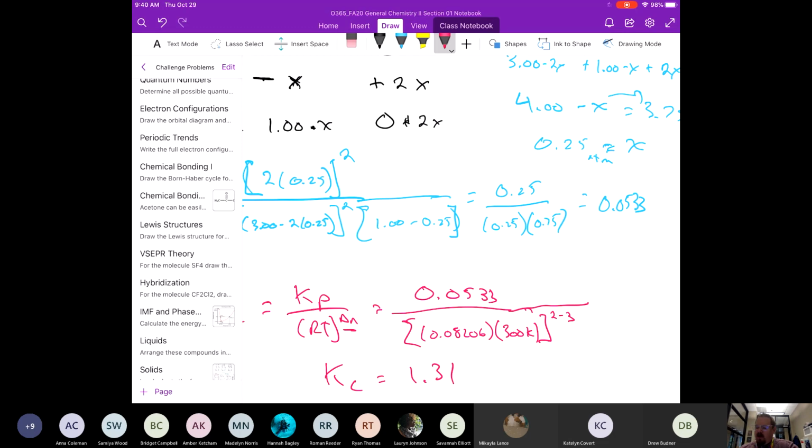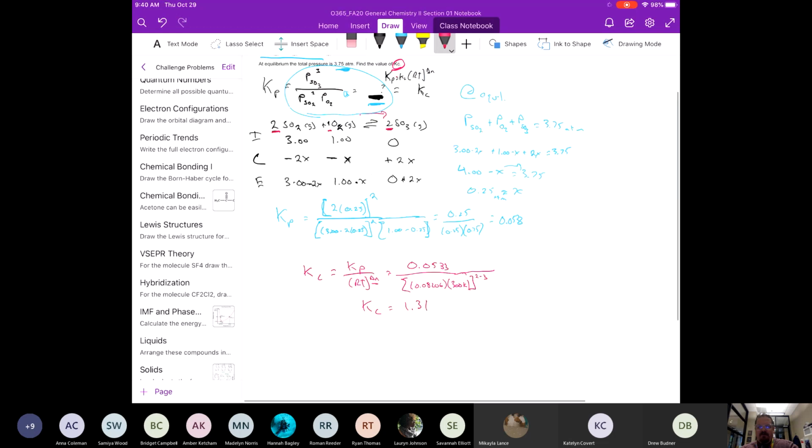So whenever we solve these equilibrium questions, the first thing we should think about is what is our actual equilibrium expression. We then define where we are now. We compare where we are now to where we want to be in terms of equilibrium, and we set up the appropriate ice table. And then the major work is to solve for X, right? Once we solve for X, we can go on.